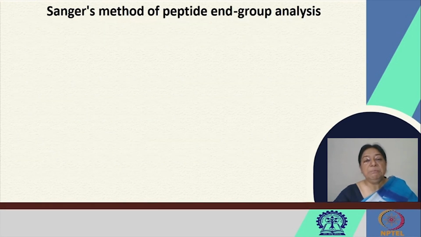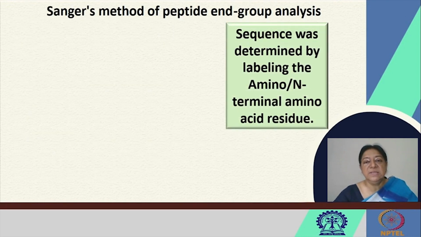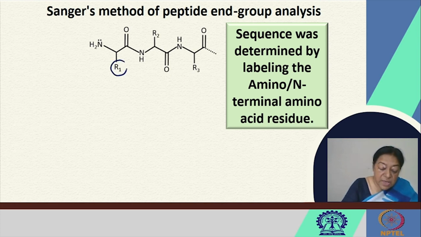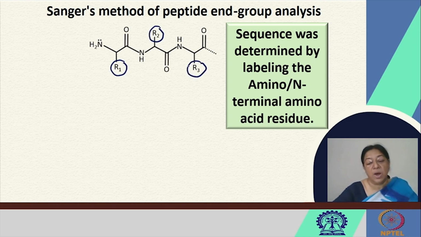When we are looking at peptide end group analysis, in this case, the sequence is determined by labeling the N terminus of the residue. So here is our peptide where we have our specific amino acids given by their side chains R1, R2, R3.